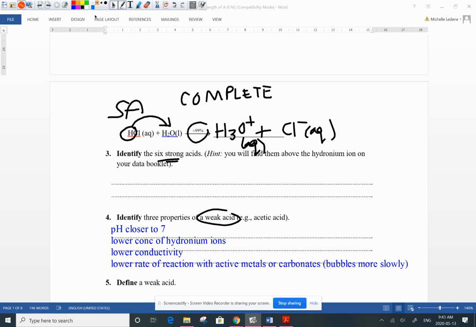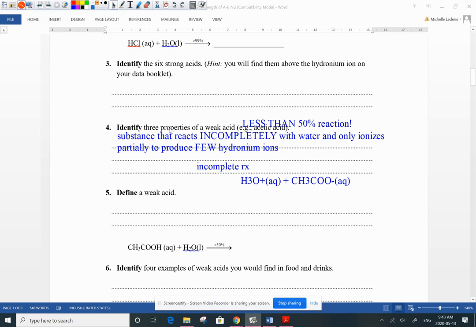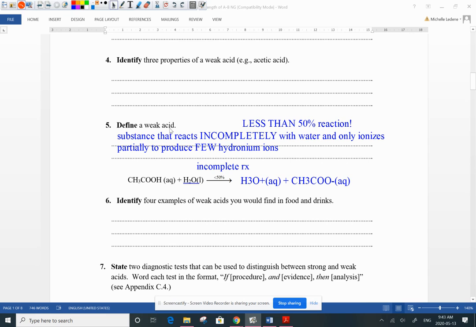They will not have a complete reaction with water. In fact, they react less than 50% with water, a very, very tiny percentage. So they react incompletely with water. They only ionize a little bit, and they only make a few hydronium ions. So here's an example. Here's this ionizable hydrogen, this hydrogen from acetic acid.